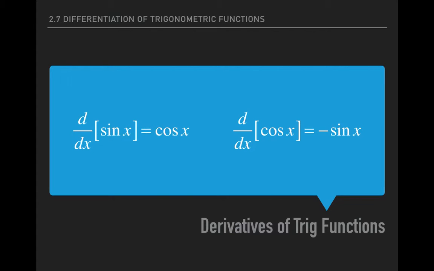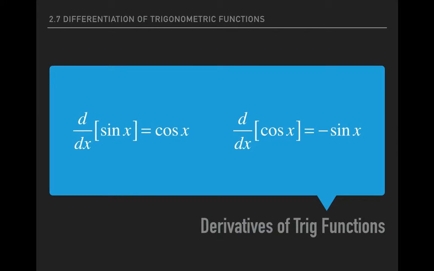You all have already been introduced to these two trig functions. The derivative of the sine function is cosine of x, and the derivative of cosine is the opposite of sine of x, or whatever it might be, theta. It would just depend on the variable that you're working with.